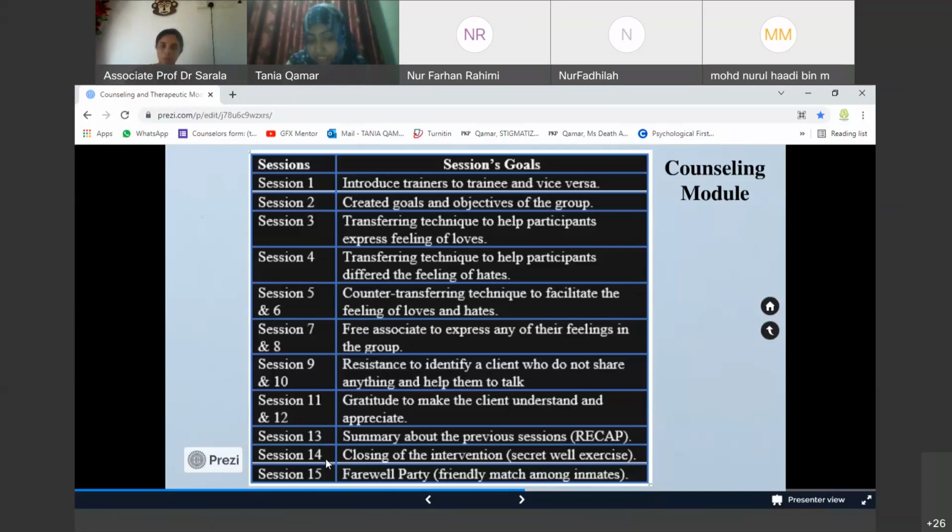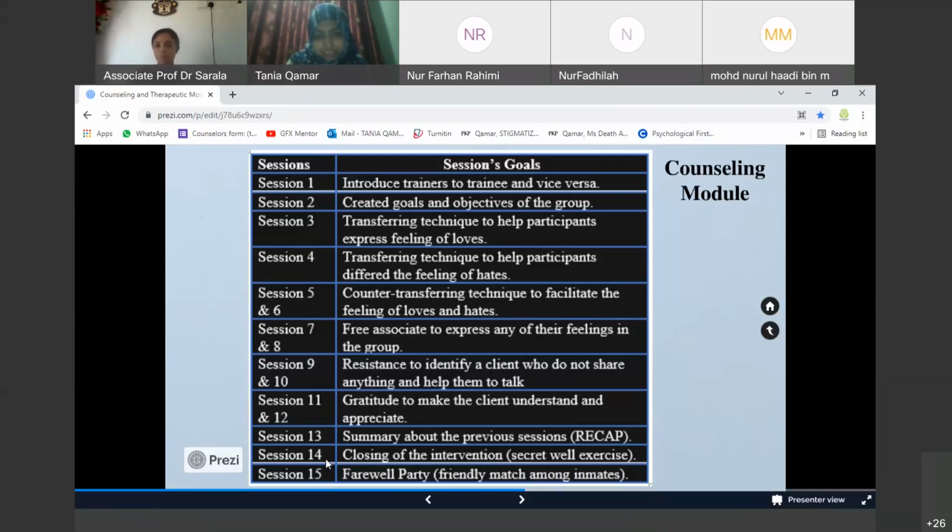In session 13, summary of the previous sessions. In session 14, closing of the intervention. And in session 15, farewell party, friendly match among inmates. So you can read all these strategies and techniques of the counseling module.